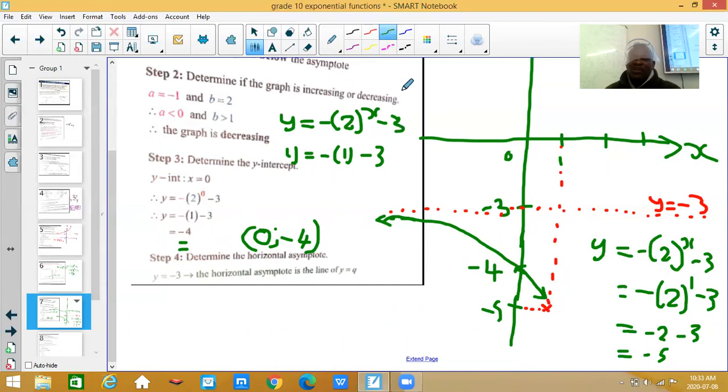So with the y-intercept and this other point, your graph will be something like this, passing through 1, negative 5. So you've got this one, you know it curves that way, and then you can just continue up to there. Are you following?